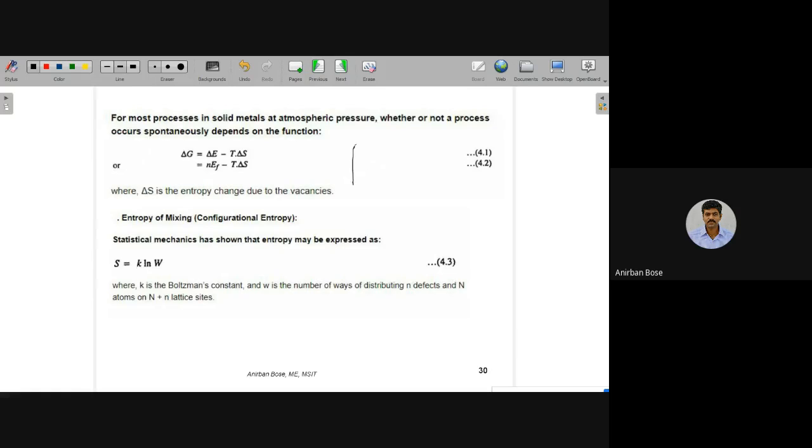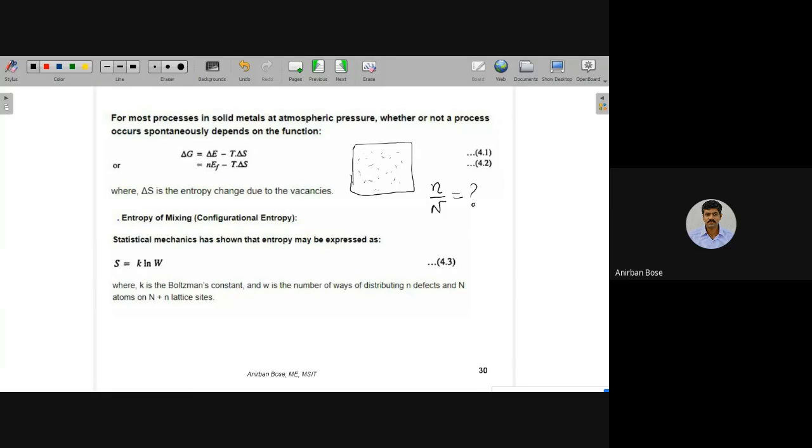Within a crystal, some defects may be there, and they will be there because they are in stable equilibrium. It is possible that some of the defects will be present in stable equilibrium.